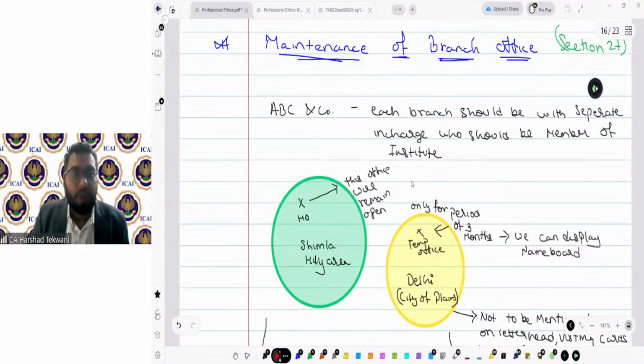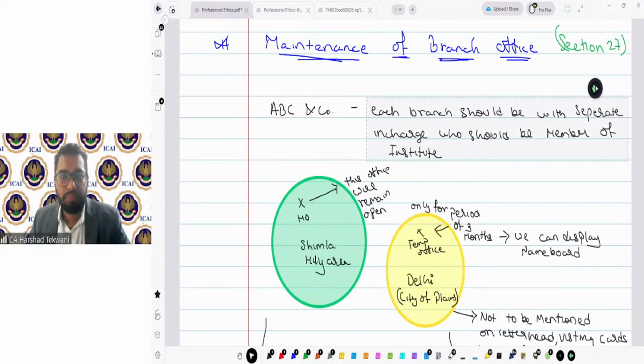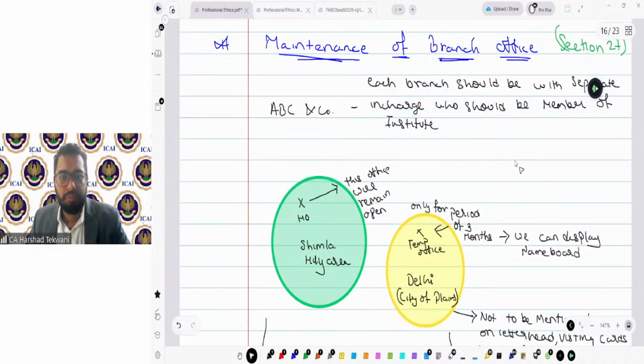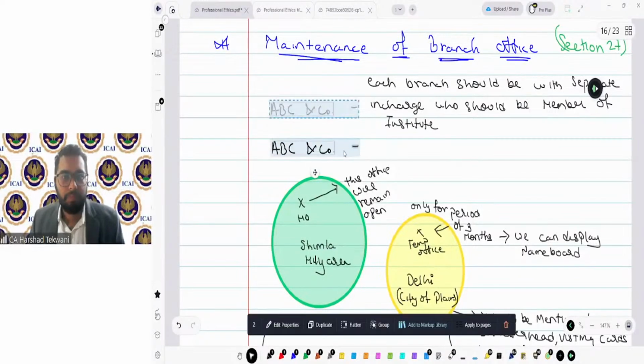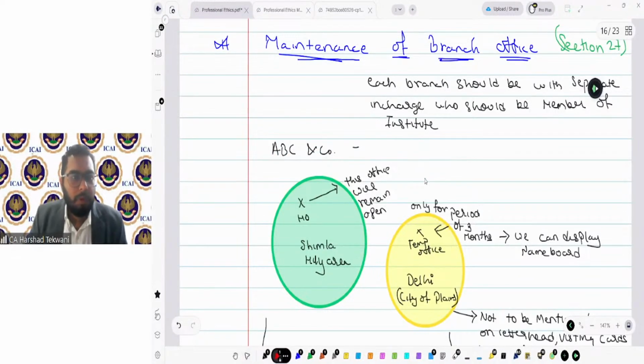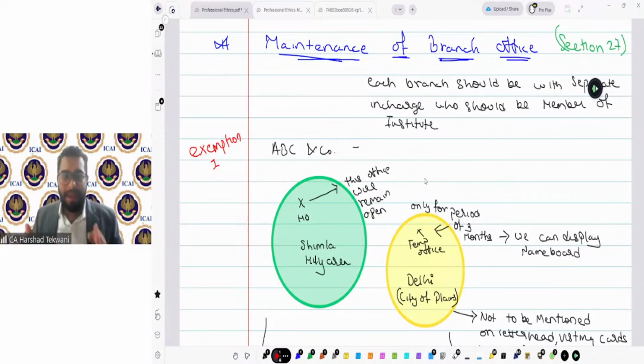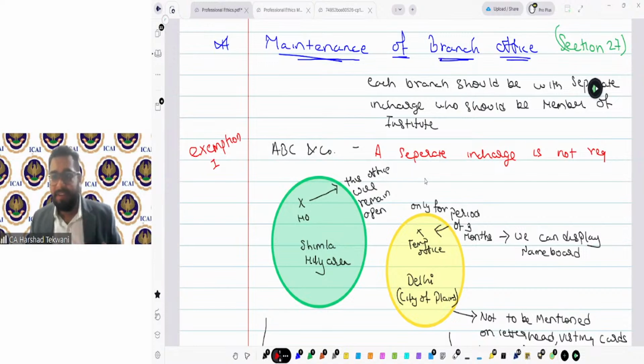So you can say this is exemption one for the provision, wherein a separate in-charge is not required. Fine. That is the first exemption that is available.